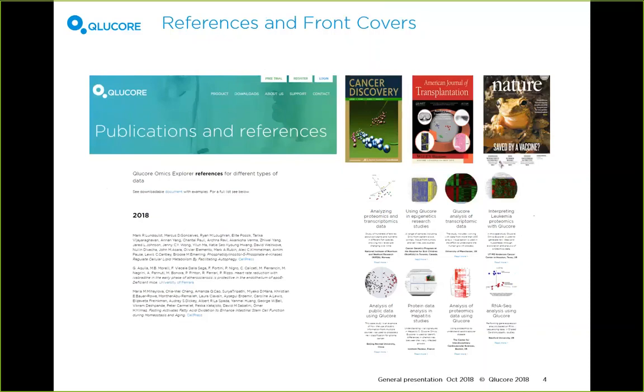As you see here, we have a few really interesting front covers, the Nature magazine, for example, which is something we're proud of here, and plenty of others. All of these references are where we are quoted as one of the sources and our software was used in a project. They are available on our homepage. So if you want references and want to find out what other people have used our software for, you can go to our homepage and check that out.